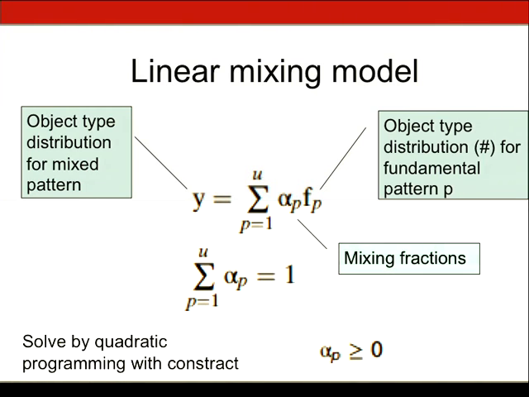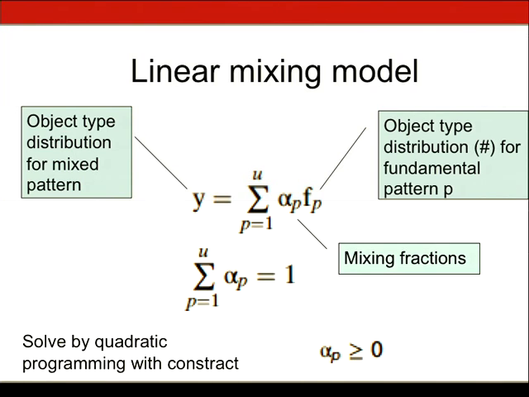And this will be averaged over many images of that particular fundamental type. And then we have some mixing fraction that says how much of a given protein is contained in each of these fundamental types. And what we observe for that mixed pattern is an object distribution, which is just the sum of the product of those.